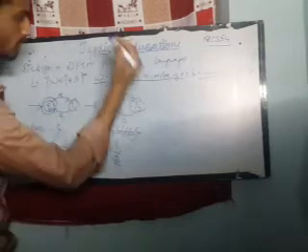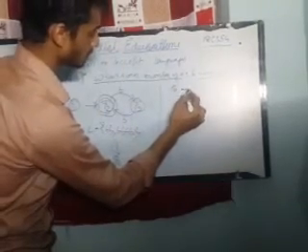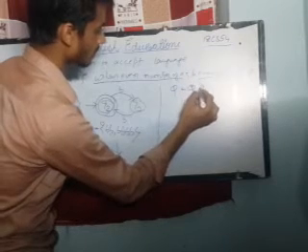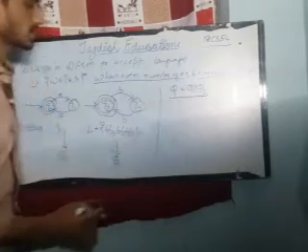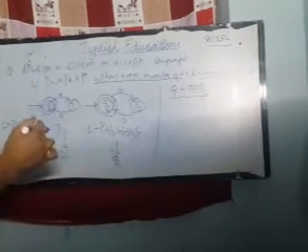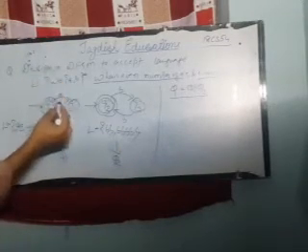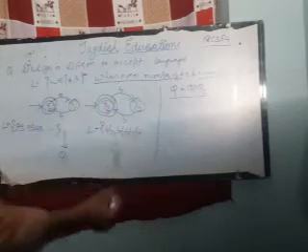We know the Cartesian product, which we studied in maths: Q = Q1 × Q2. The same we will multiply here, and we will design a DFSM which should accept an even number of a's and an even number of b's.